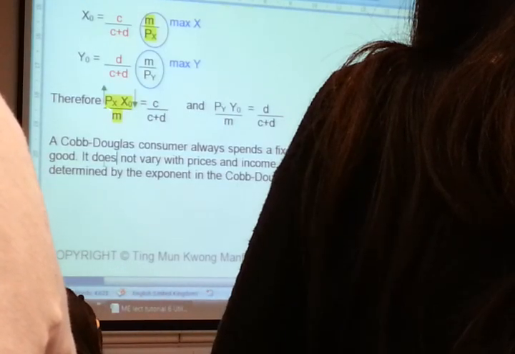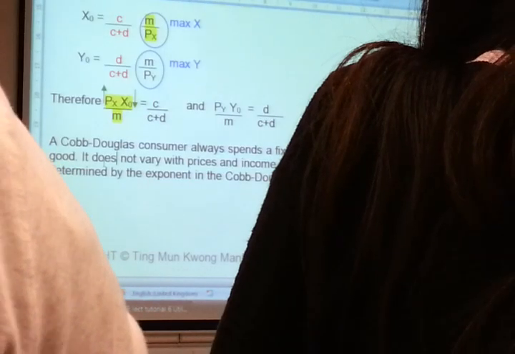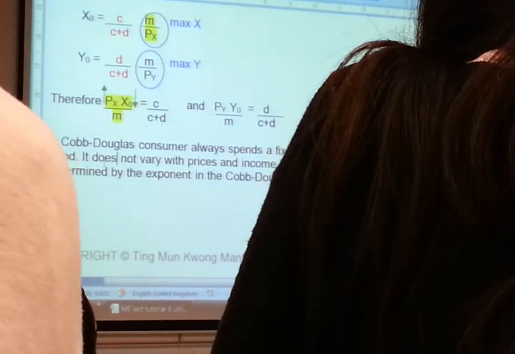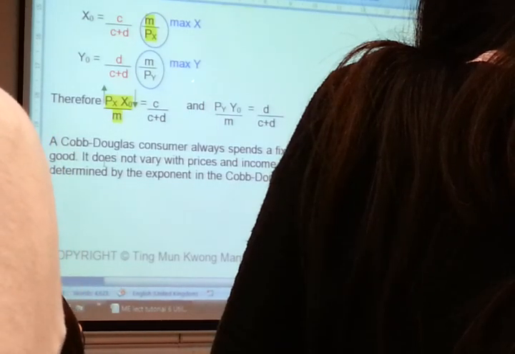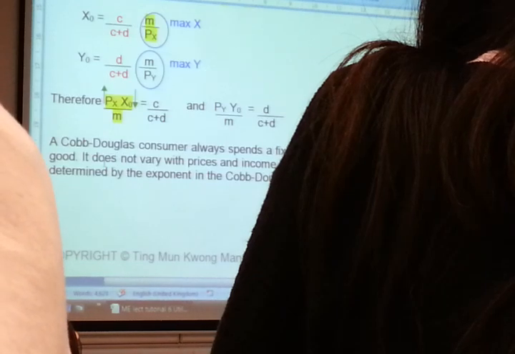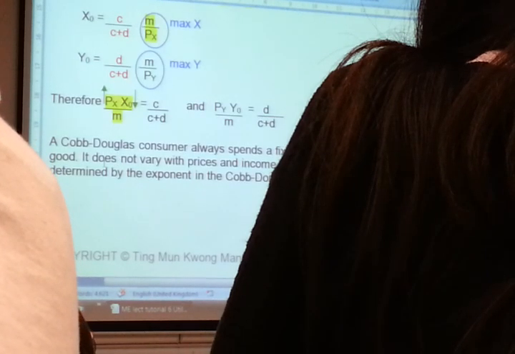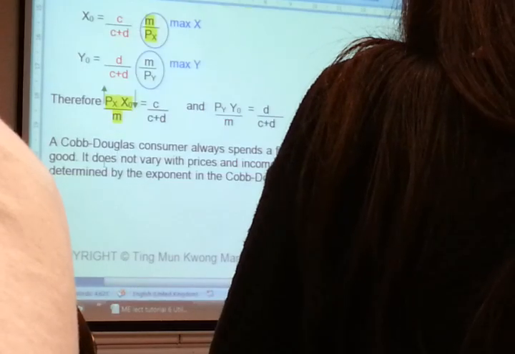Otherwise, it's impossible for this to be a constant. So when the price of X rises, we know that the quantity demanded for X must fall by the same proportion. You agree? Why fall? Because of the law of demand. When something becomes more expensive, you buy less. How much less? The fall must fully offset the rise here. It has to be, because this thing cannot adjust.